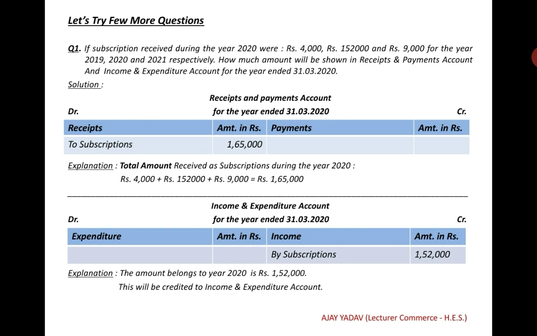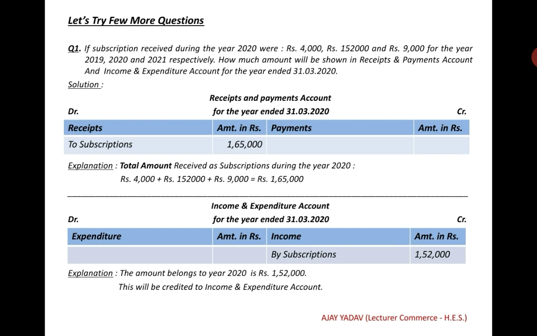It is shown on the receipt side of the receipt and payment account. In the income and expenditure account, rupees 1,52,000 will be shown on the income side, as this amount belongs to the year 2020.